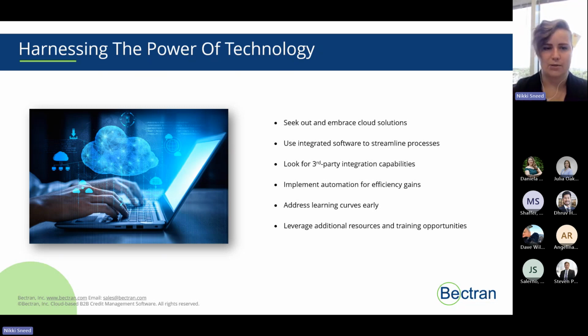Make sure that you are really learning all the benefits, all the pros and cons, all of the effects. Make sure that you're learning everything that it offers to truly take advantage of the entire platform. If you purchase something thinking that it will help you with collections, it may also help you with the credit initiation part of it. Look and make sure that you're taking advantage of the entire platform that you're paying for.